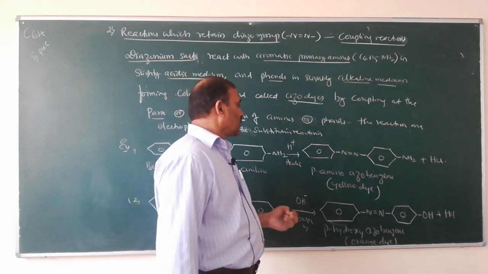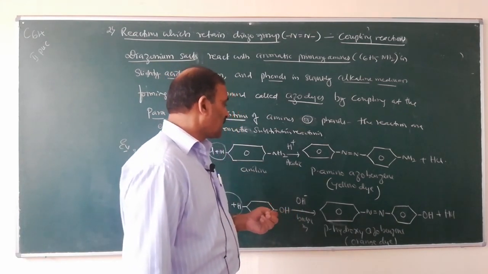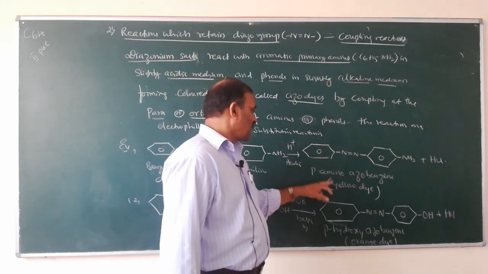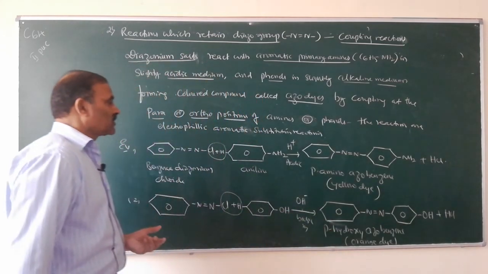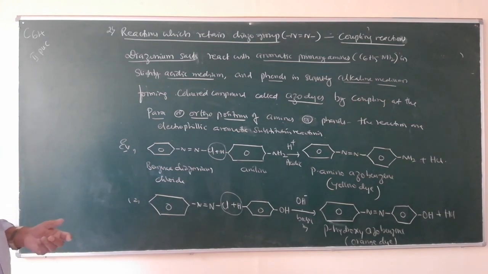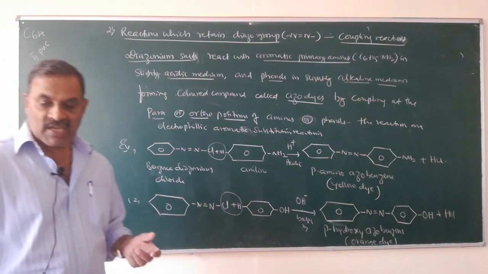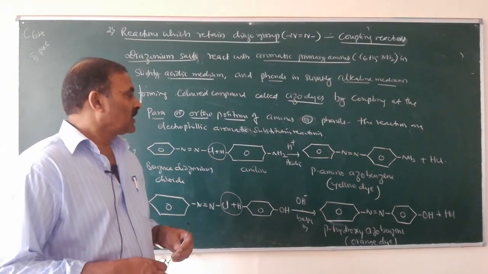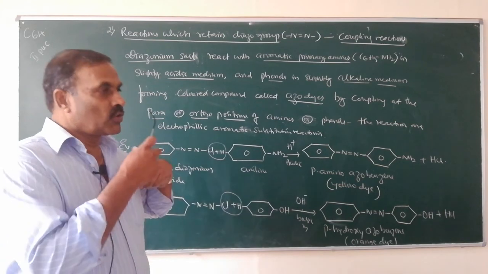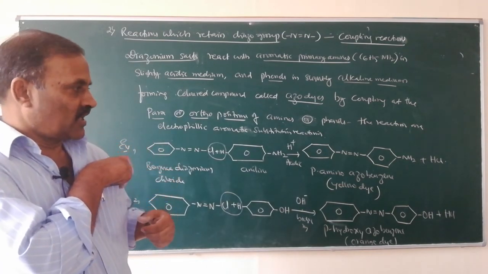Both are azo dyes. The color of the first dye is yellow and the second is orange. These are the coupling reactions of benzene diazonium chloride, in which the azo group has been retained.